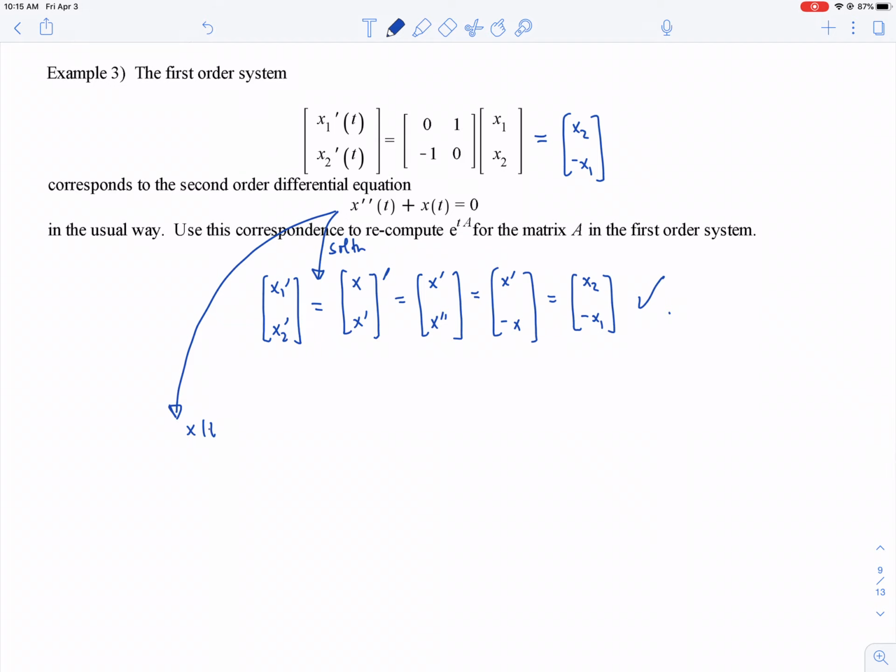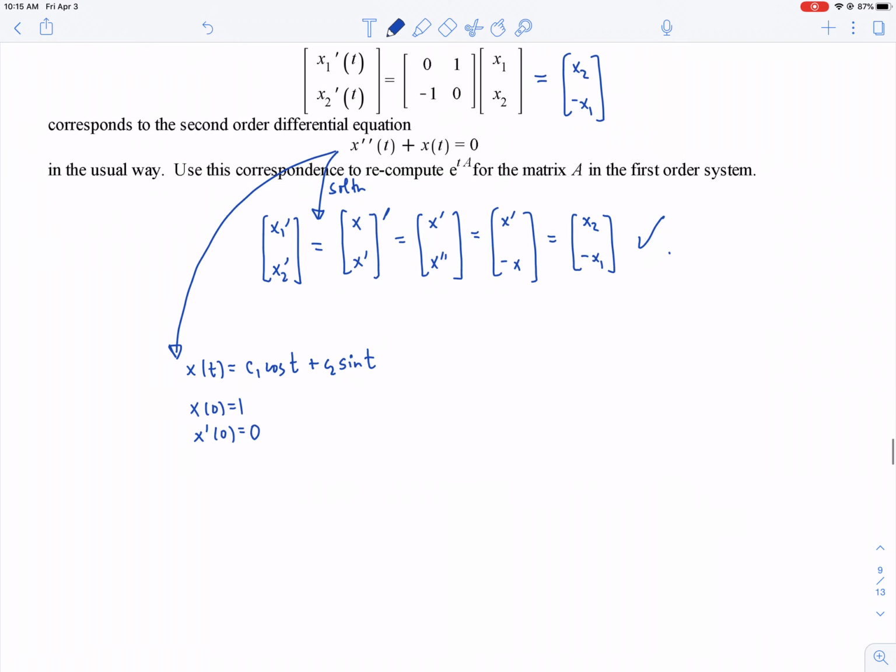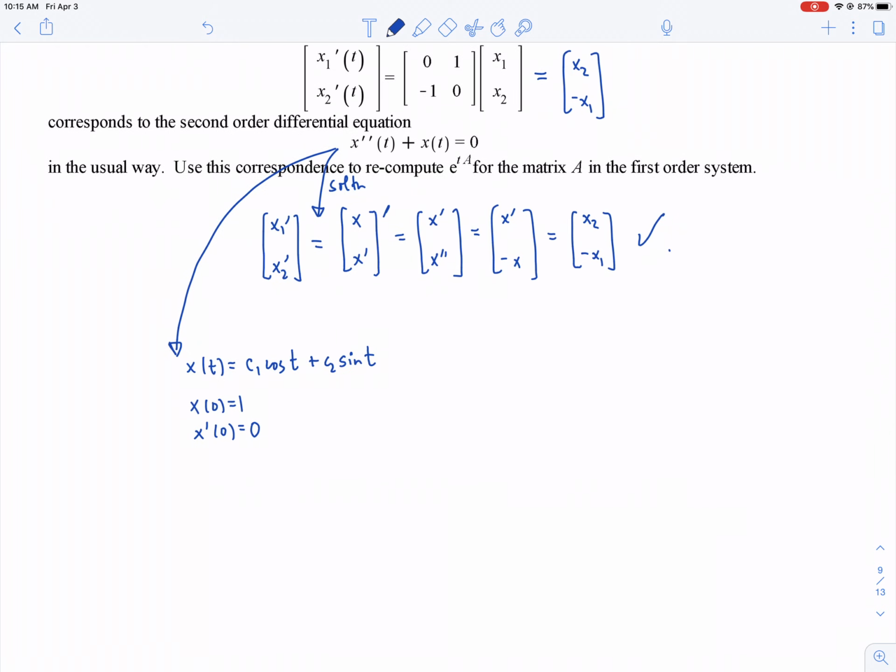They are x of t equals c1 cos t plus c2 sine t. For the IVP x of 0 equals 1, x prime of 0 equals 0, the solution is x of t equals cos t.